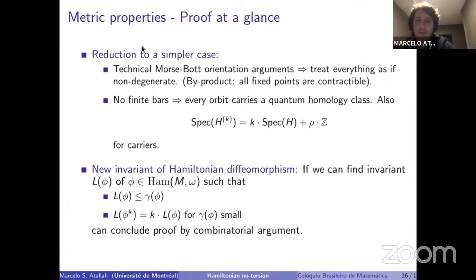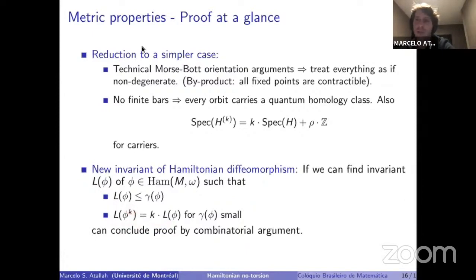The second part of the proof relied on finding a new invariant of a Hamiltonian diffeomorphism, here denoted by L, which provides a lower bound to the spectral norm, and which grows linearly with the iterations, at least for small values of the spectral norm.